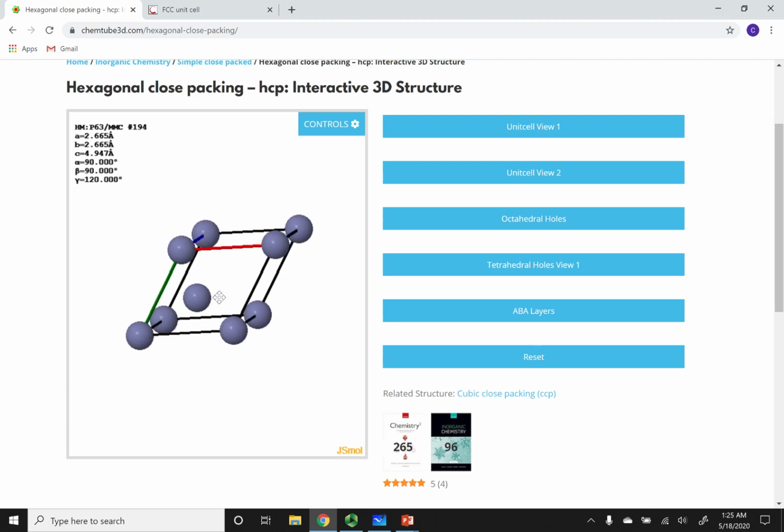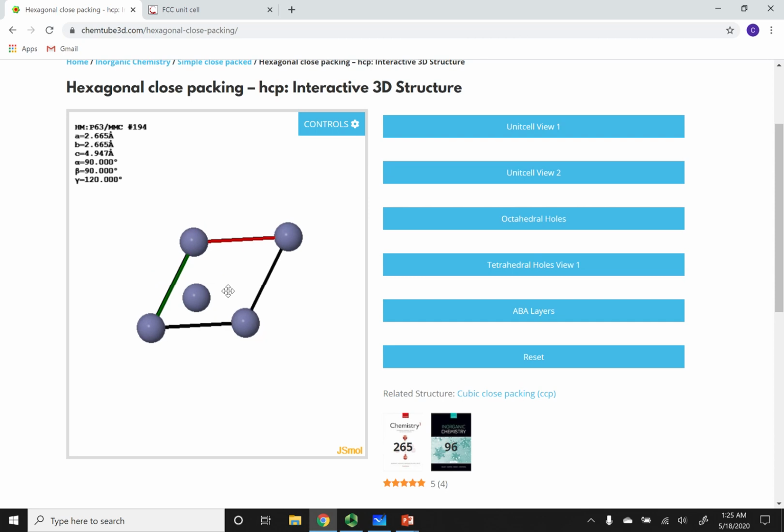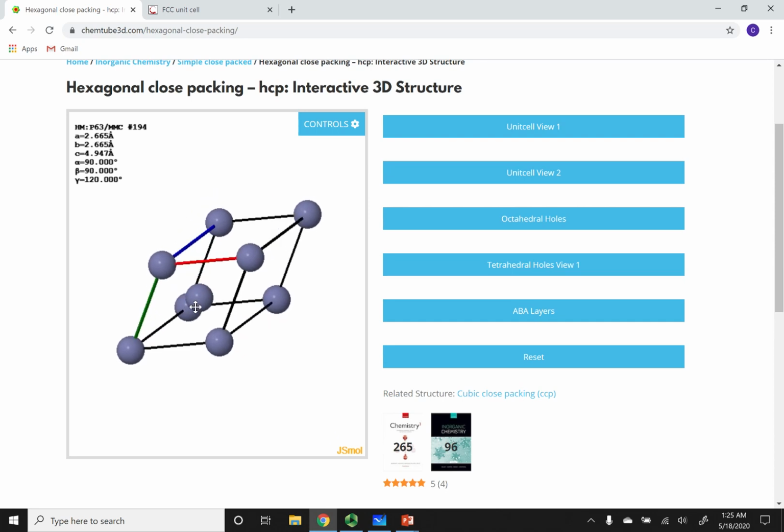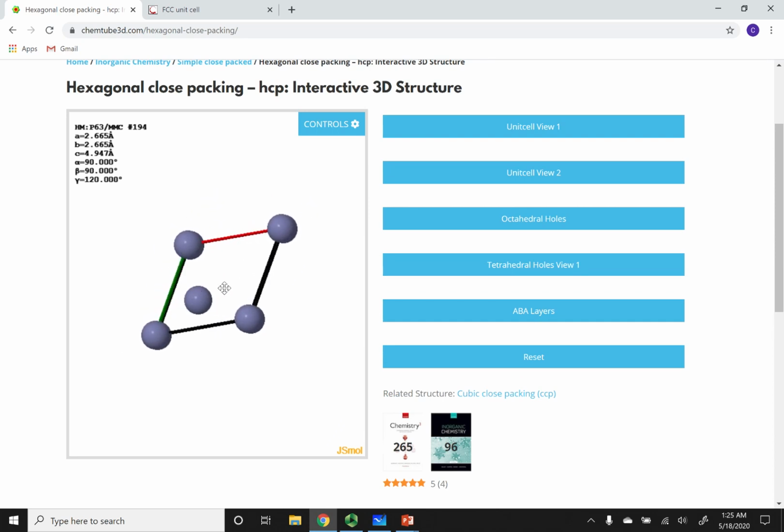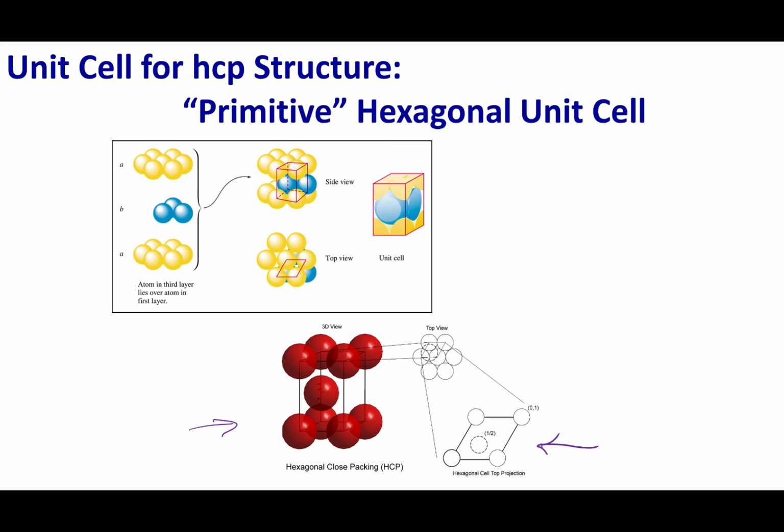So what I can do to describe this is use what's called fractional coordinates. So let's go ahead and learn how to use this. Right here is what we call a fractional coordinate. It is going to describe the placement of the atoms in that unit cell.